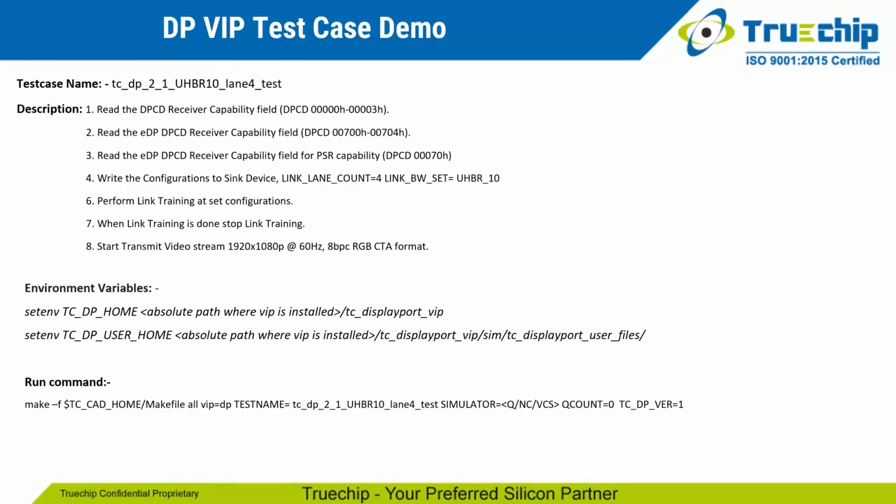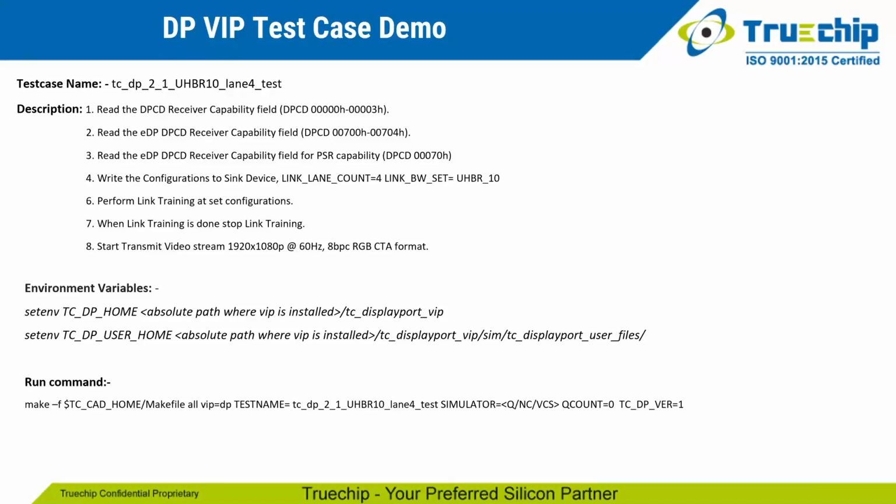Auto error injection DP VIP test case demo. Test case name: TC DP 2.1 UHBR 10 lane 4 test. Description: Read the DPCD receiver capability fields DPCD 0000H to 00003H. Read the EDID DPCD receiver capabilities field from DPCD 00700H to 00704H.